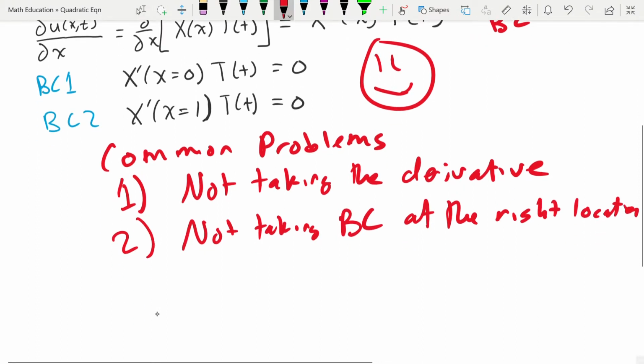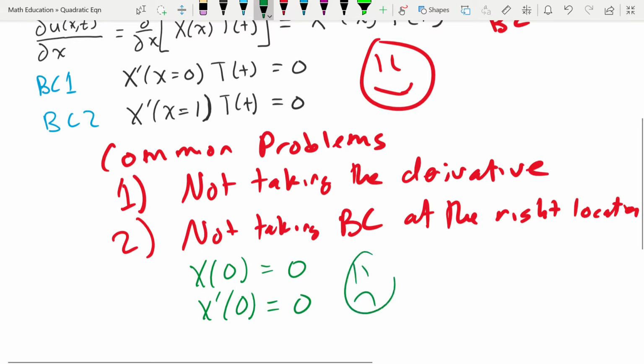So many students solved for X of 0 is equal to 0 and X prime of 0 is equal to 0. This was not what we were looking for. Likewise, with the not taking of the derivative, people were looking at X of 0 is equal to 0 and X of 1 is equal to 0. Also not what we were looking for.